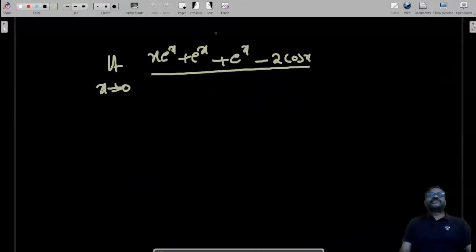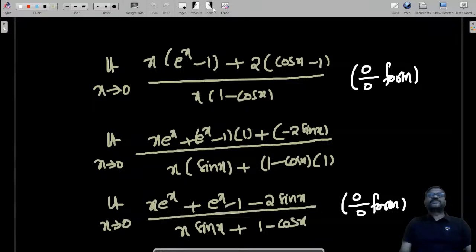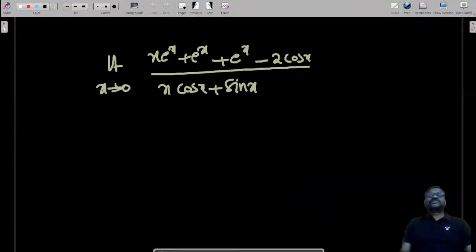Differentiation of x sin x is x into cos x plus sin x. Differentiation of minus cos x is plus sin x. When x is tending to 0, numerator is 0. Denominator is also 0. 0 by 0 form.